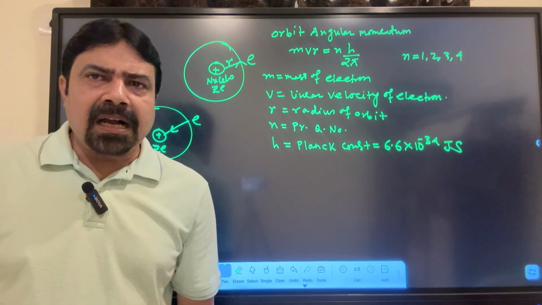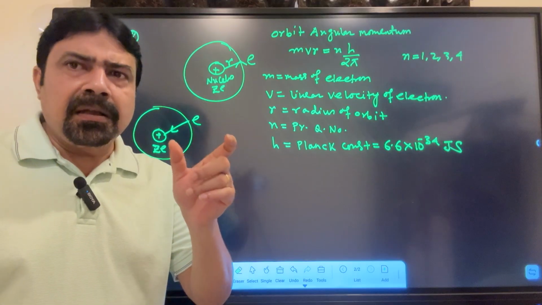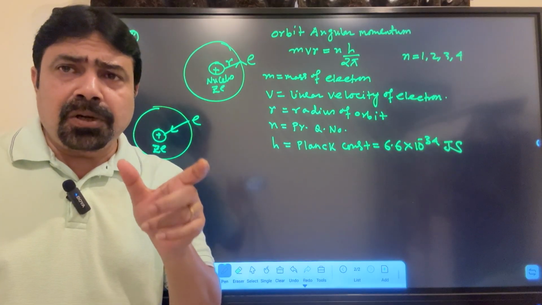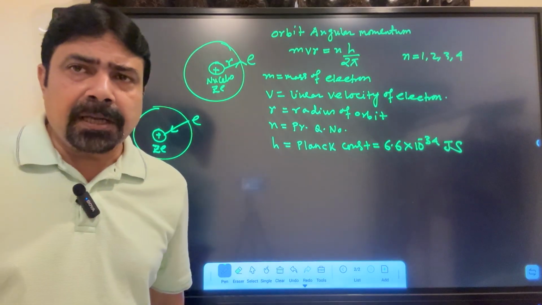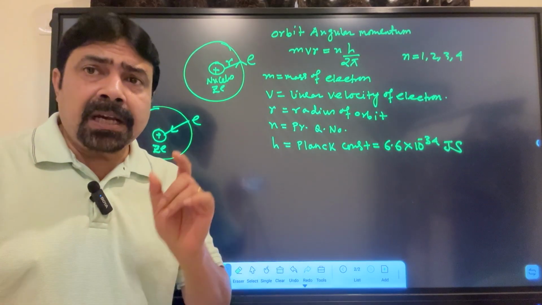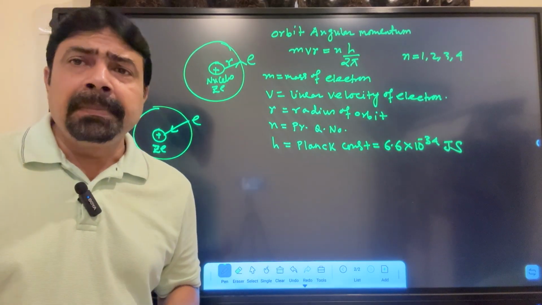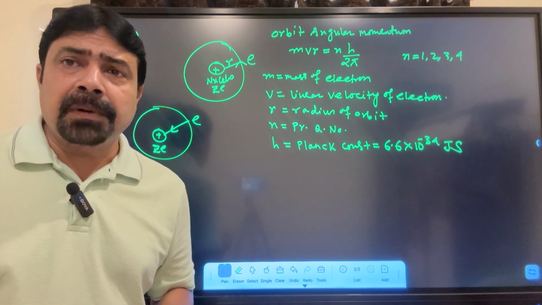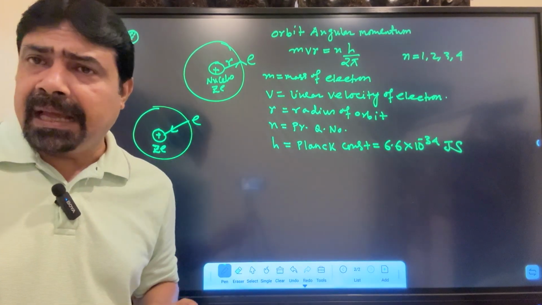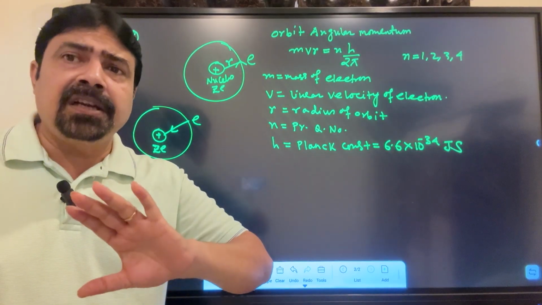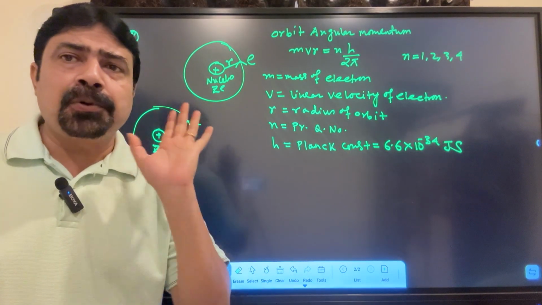The charge of electron will be minus 1.6 into 10 power of minus 19 coulomb, whereas the charge of one proton will be plus 1.6 into 10 power of minus 19 coulomb. That means magnitude wise they will be the same, only the sign will be different.